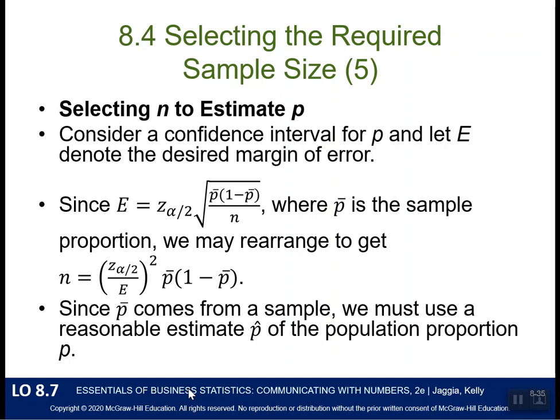So if we're rearranging that to solve for n, we get a formula where we've got our z-score divided by our desired margin of error, all of that squared multiplied by p-bar times 1 minus p-bar. Now, the p-bar, remember, comes from the sample. We must use a reasonable estimate of the population proportion p. So if we don't know the population proportion, which again we rarely do, we'll use a sample. Maybe we've done lots of samples, and so we come up with a pretty good estimate of what that sample proportion should be.